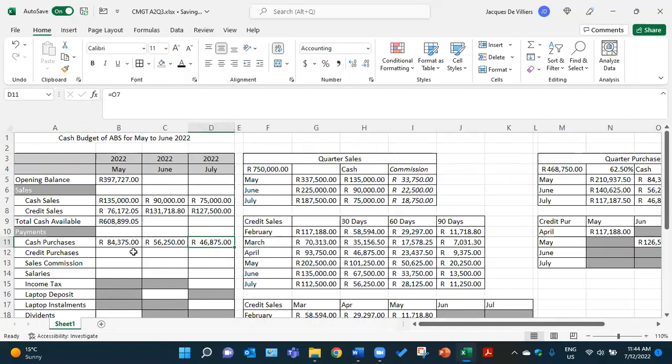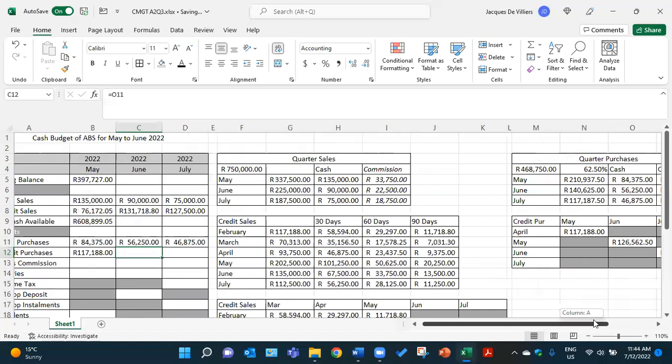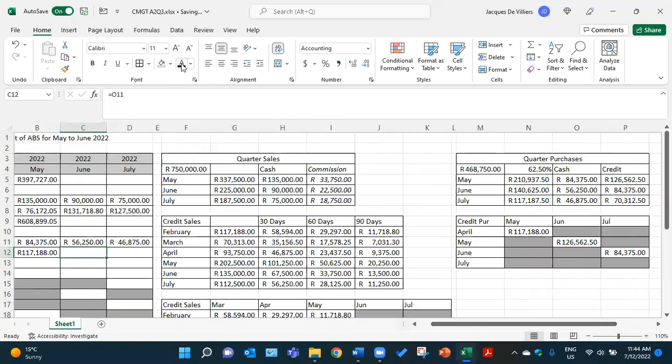Credit purchases will be the amounts that we identified in this column here, the 117 in May, the 126 in June, and the 84,000 in July.